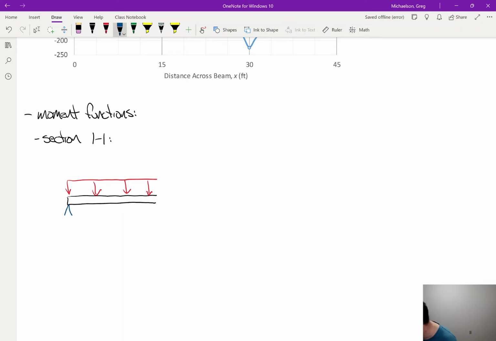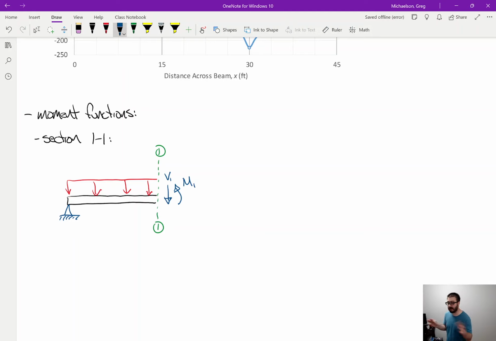Then we have a support condition like this. So that's the section cut, section 1-1. At this cut, we're going to have an unknown shear and an unknown moment. Let's call them shear 1 and M1.